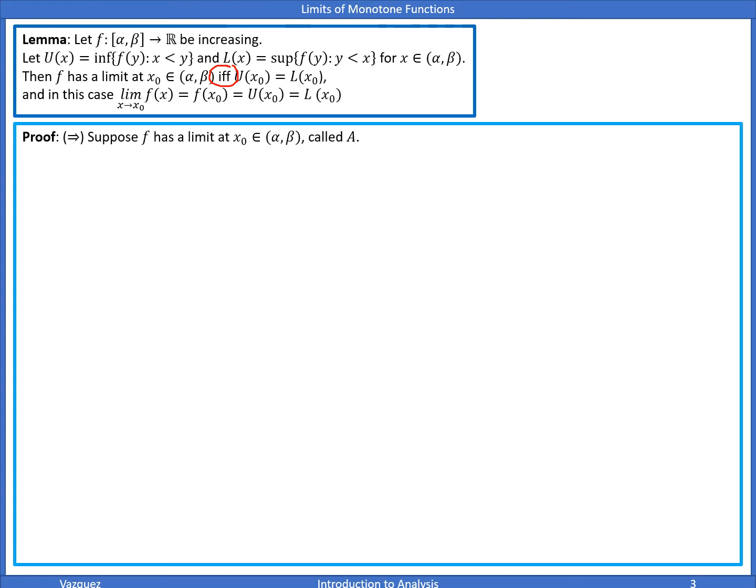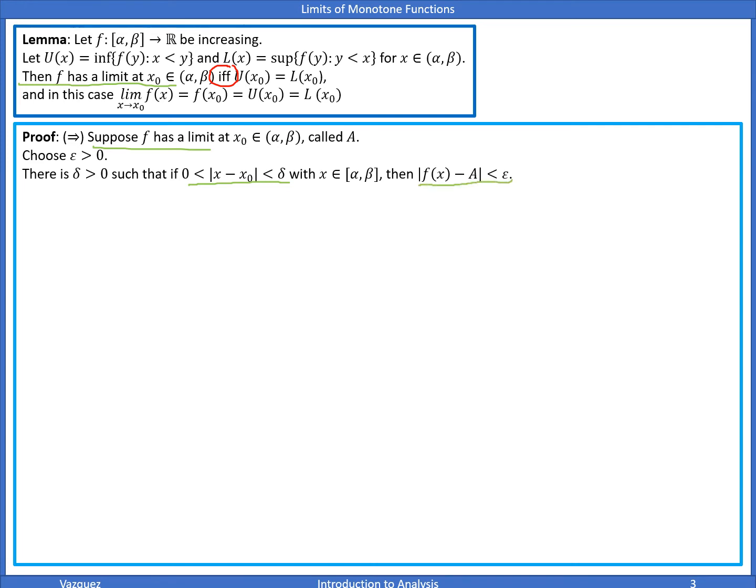So first, suppose f has a limit at x naught called a. Choose epsilon greater than 0. And again, we're assuming this first thing because we have to assume it here and prove one direction. Well then, because it does have a limit at x naught, for delta greater than the absolute value of x minus x naught, the difference between f of x and the limit point a is less than epsilon.